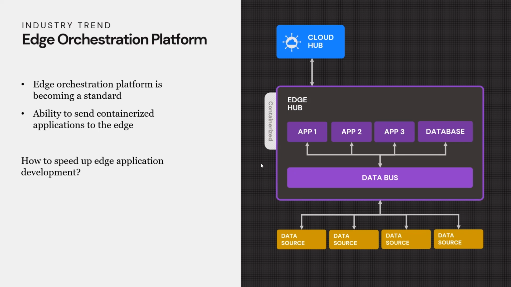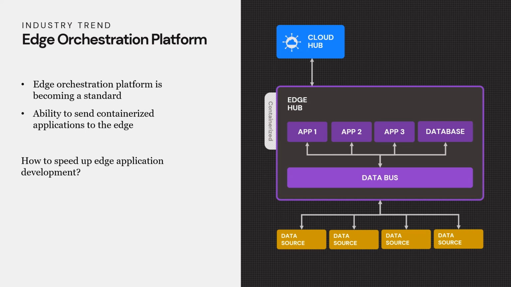Because in order to build edge data applications, you still have to build them in code, debug and test, and then package them into a container, push them into the cloud portion of your platform, and then deploy it from there. So this process is very time consuming. It requires a lot of software skills.